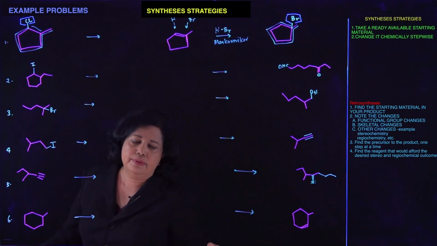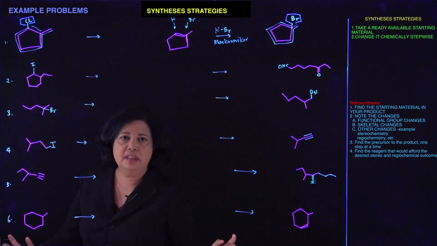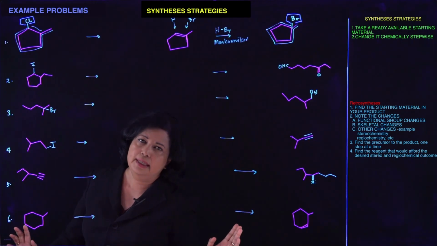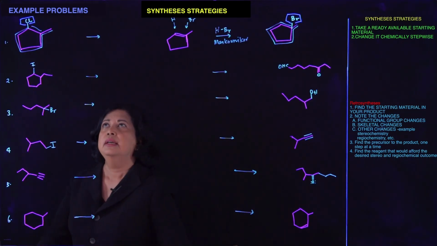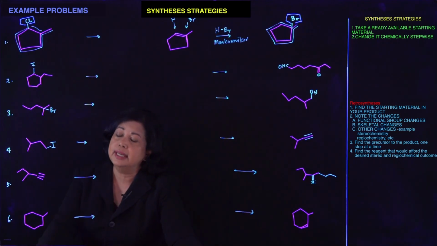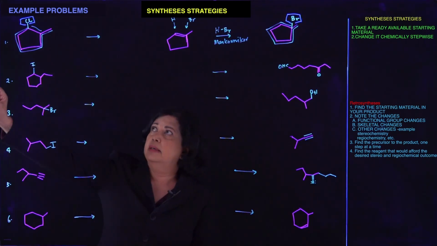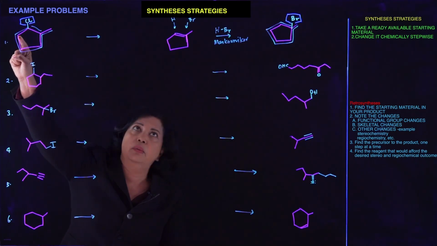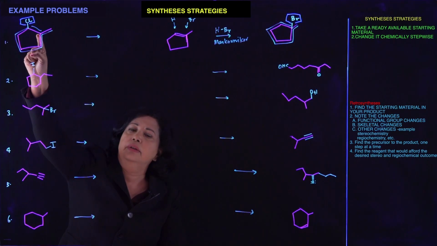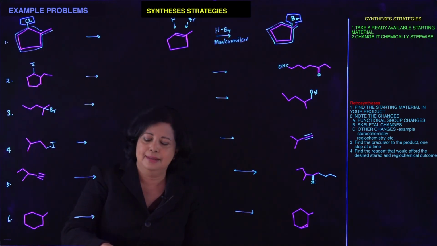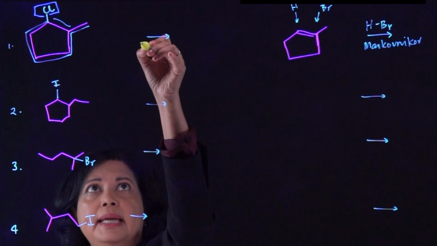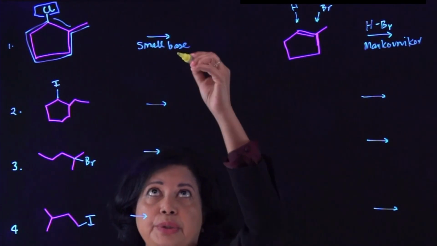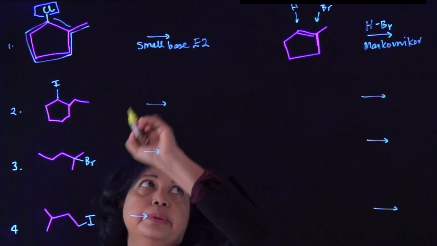And for a Zaitsev, you can use sodium methoxide. This is secondary. Secondaries give major E2, minor SN2. We don't want to put a bulky base like DBU or even KOtBu because that's going to do an elimination here. We don't want that. We want the elimination here. So we want to put a small base. So let's say we have a small base, and you can have protic or aprotic as we talked about in E2, and we should do an E2.